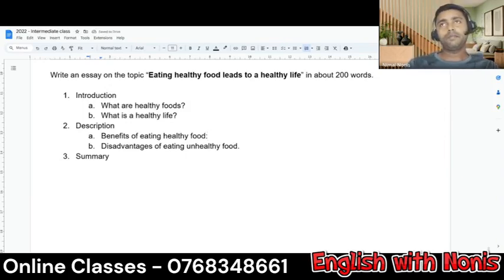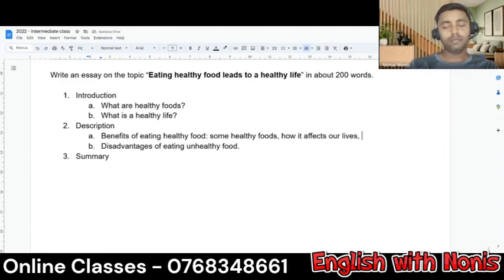So here under benefits of eating healthy food, maybe we can include some healthy foods there under benefits. We can include how it affects our lives.